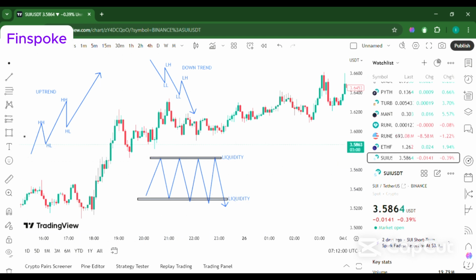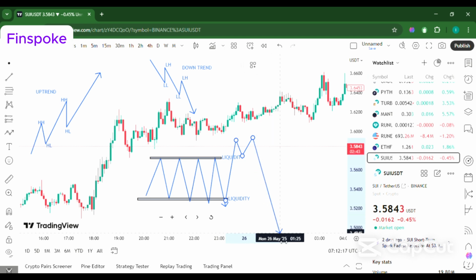You see something like this, and the market will push up like this, do something like this, and come like this and push down.